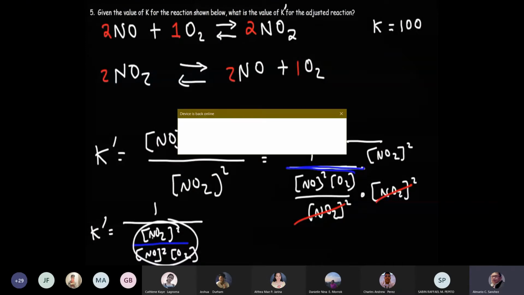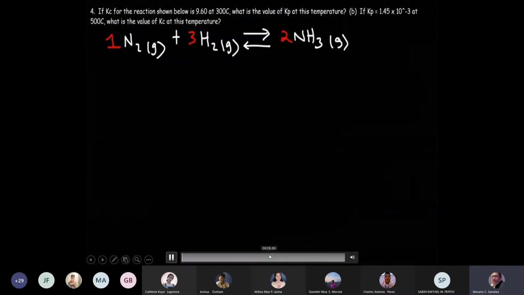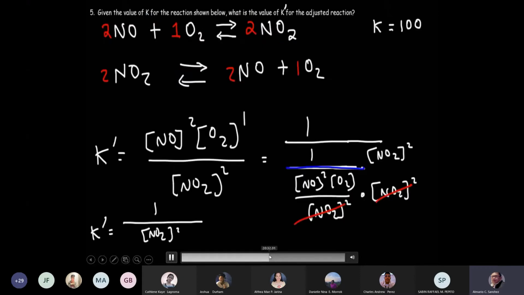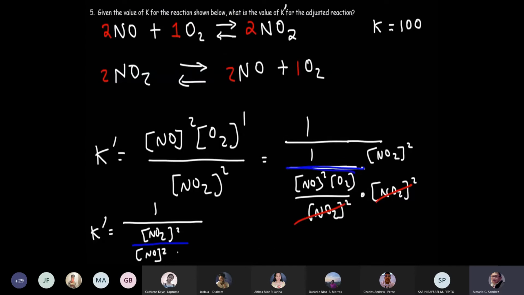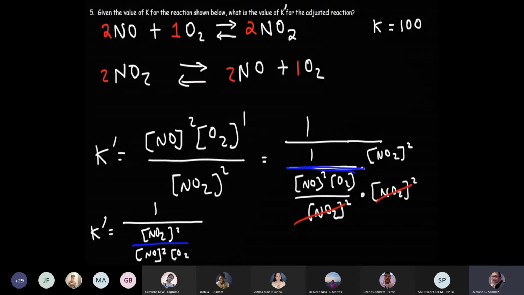Now, this expression here, where NO2 squared is on top, and on the bottom we have NO squared times O2, the reactant side.